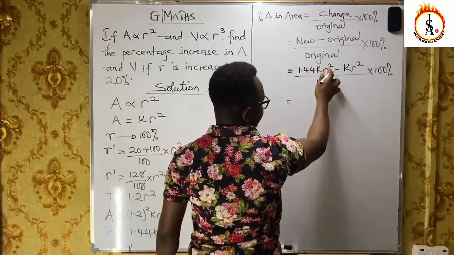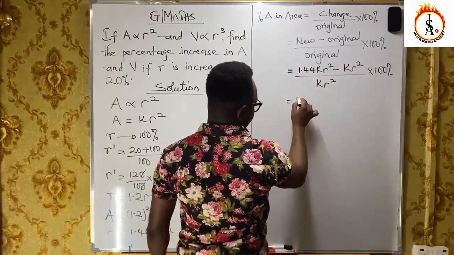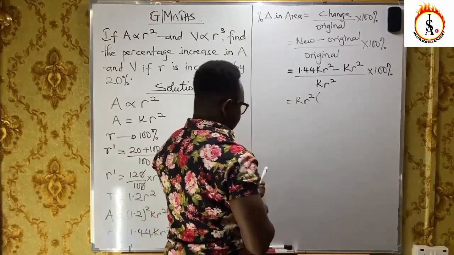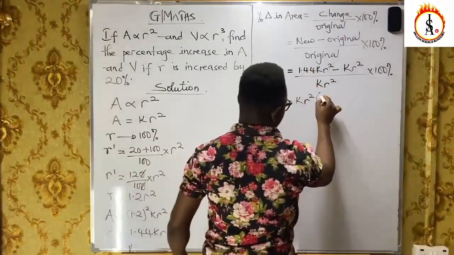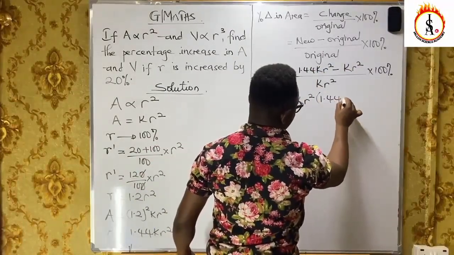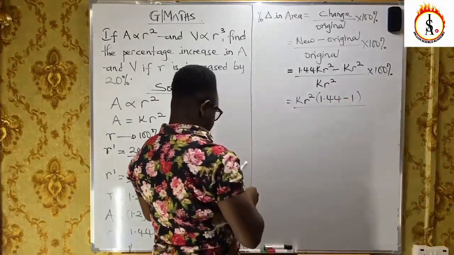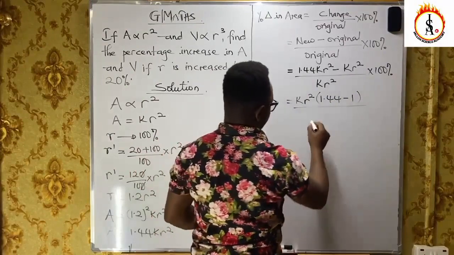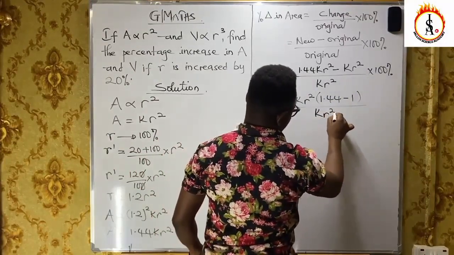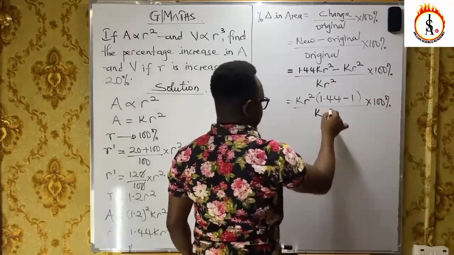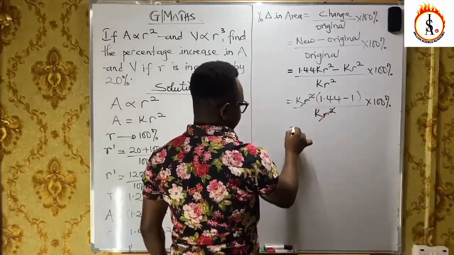So we have KR squared here, KR squared. So we can factorize KR squared out. If we factorize KR squared out, we'll get 1.44 minus 1 all over KR squared multiplied by 100%. So KR squared and KR squared will cancel.